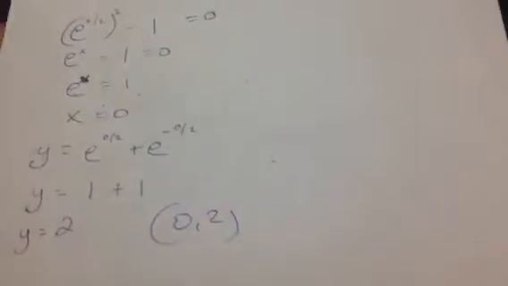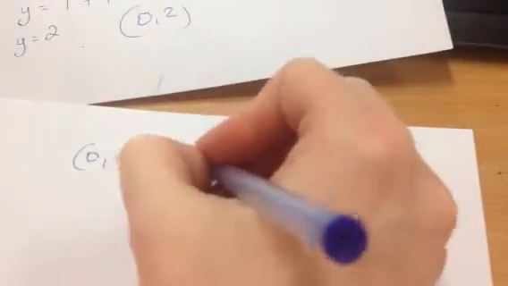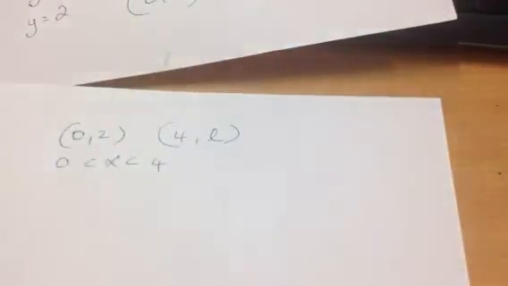The next thing, in part 2, they want me to show by calculation that the slope of the tangent to the curve is always increasing from R to Q. Now, when you're going from R to Q, R, they have told me, is (0, 2), and Q is (4, L), which means my x coordinate is between 0 and 4.